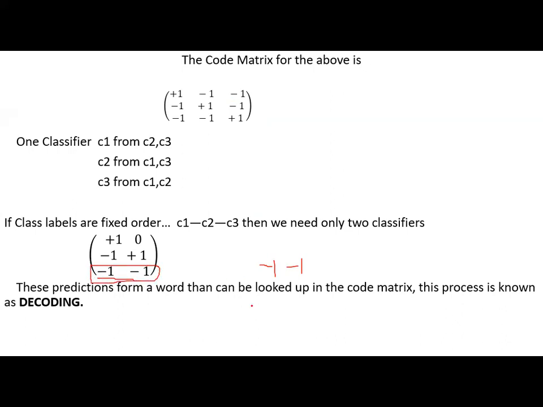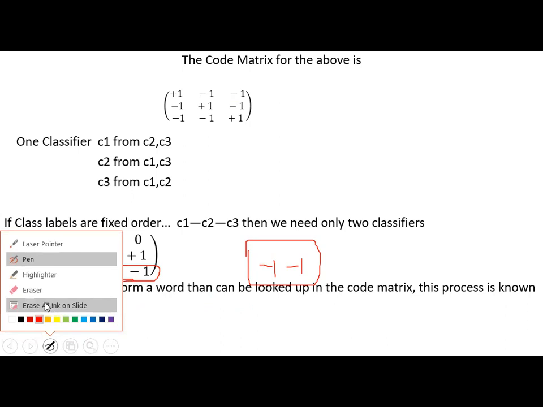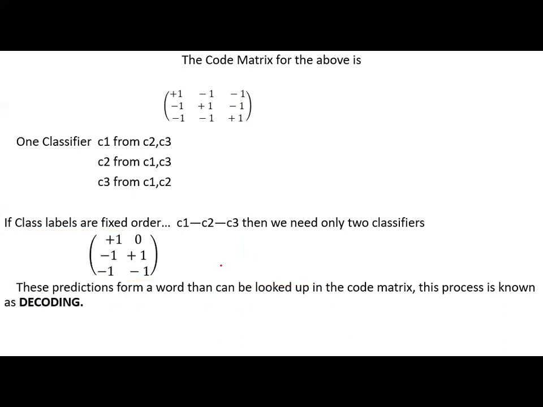There is no problem for such cases. Suppose this word is not there in the code matrix, then how do we predict? This can be achieved by using what is called distance.